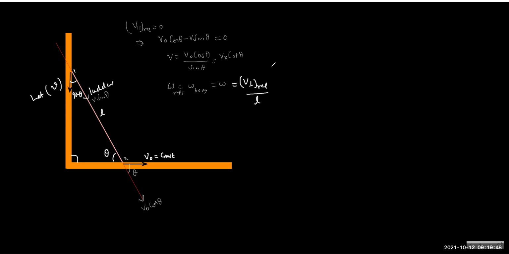That's the right answer. Correct. So can you simplify that further? If you convert that into sine and cos, you can see something. Yeah, sir, it is V naught upon sin theta L. Correct. That's the right answer.